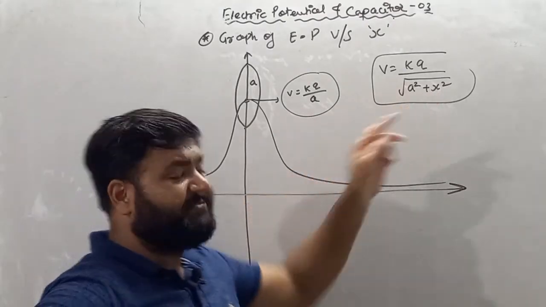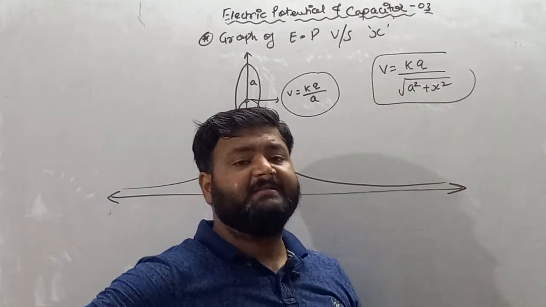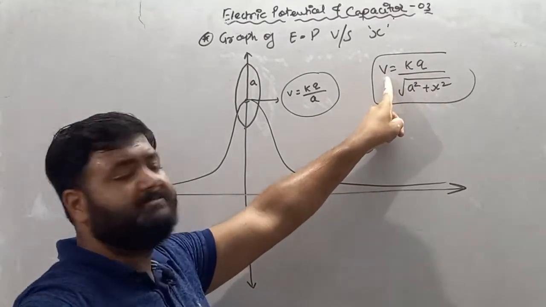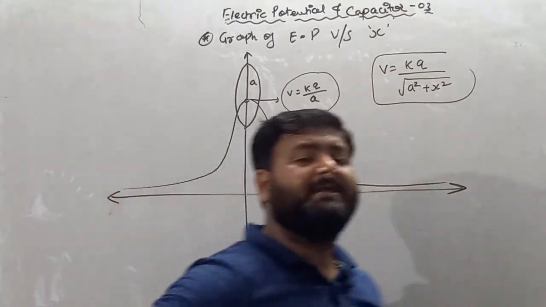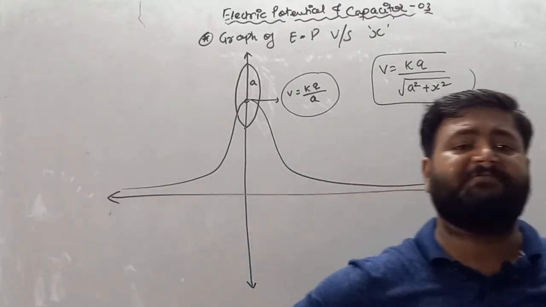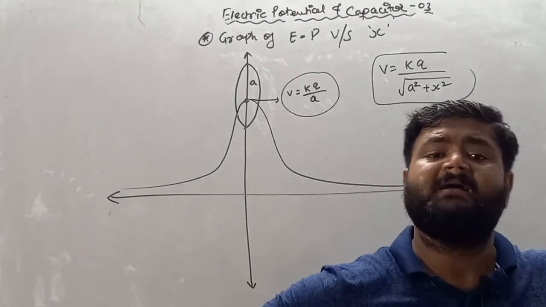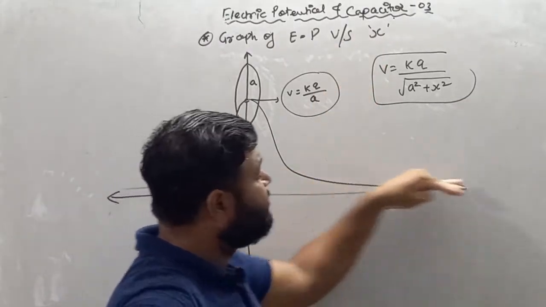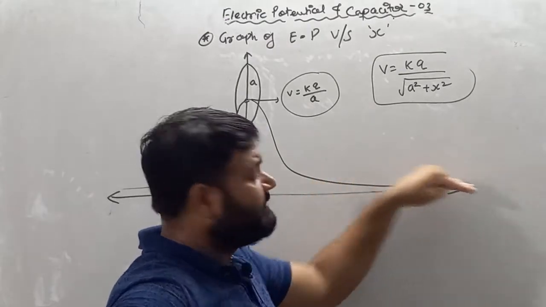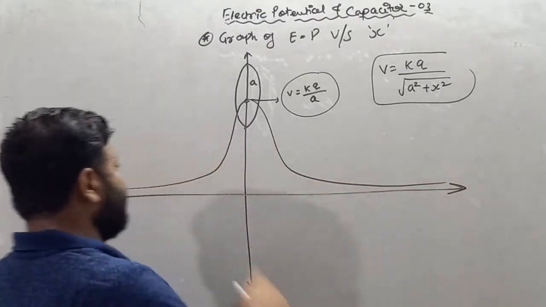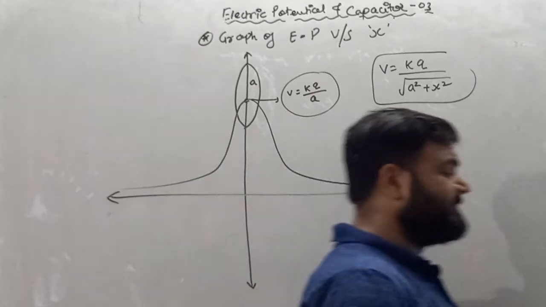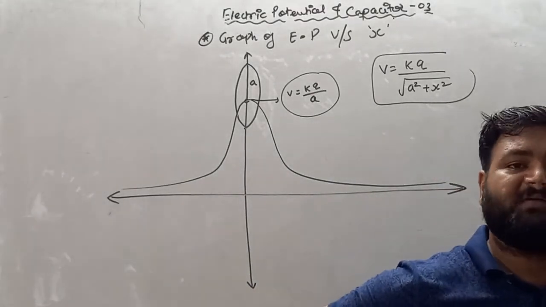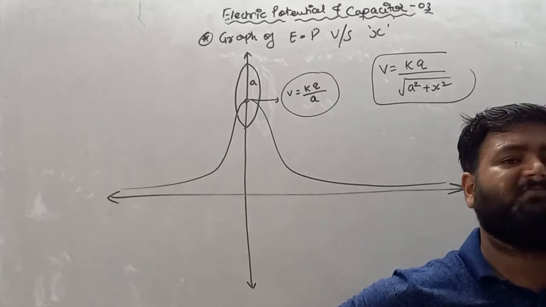If we move away from the center of ring, then potential decreases, and when x is equal to infinity, it becomes 0. As we all know that potential at x equals infinity is how much, beta? 0. At that situation, the graph must be parallel to x-axis. So this is the graph of electric potential versus x in case of a ring.